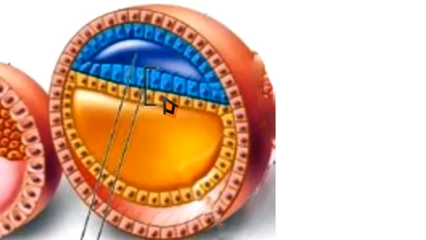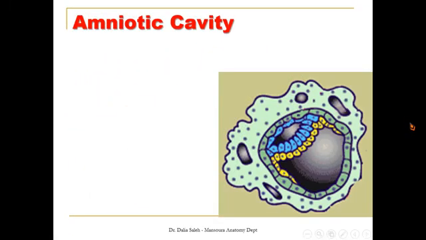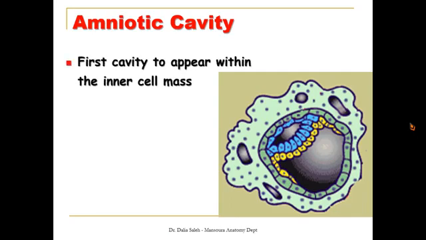At the same time, two cavities appear inside the blastula. The dorsal one is called the amniotic cavity and the ventral one here is called the yolk sac cavity. So what about the amniotic cavity? This is the first cavity to appear within the inner cell mass.